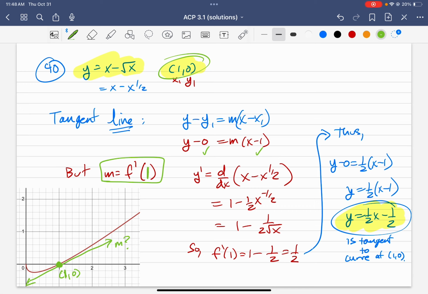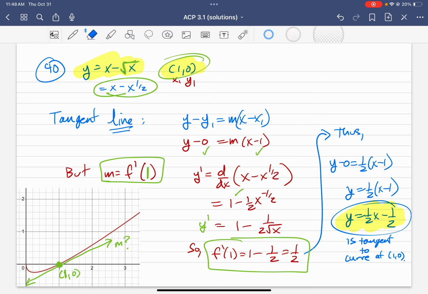So my function is just x minus x to the 1/2 because I change my root to a 1/2. And so when you take the derivative, the derivative of x is 1 and the derivative of x to the 1/2 is 1/2 x to the negative 1/2, which I can simply write as 1 over 2 square root of x. So if this is my derivative, then if I plug in 1, I get 1/2.